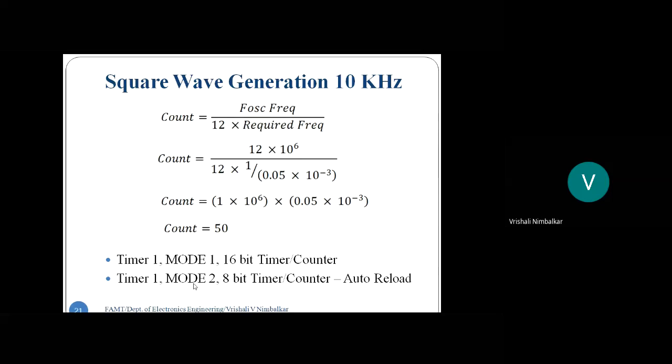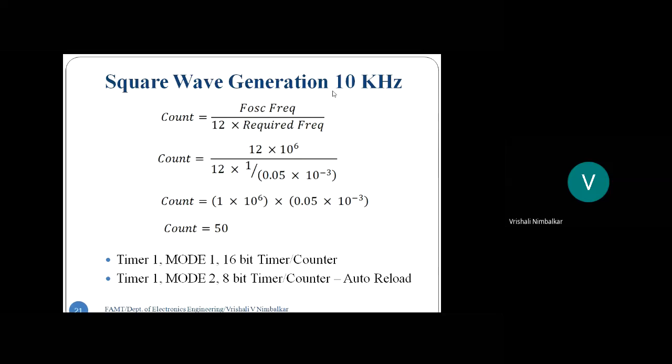Okay, so let us begin with square wave generation using mode 2. Fine. So see here, students, in yesterday's problem, we will continue with designing it using mode 2. What was yesterday's statement? Yesterday's statement is obtain a square wave of 10 kilohertz on port 1.0 bit of microcontroller.